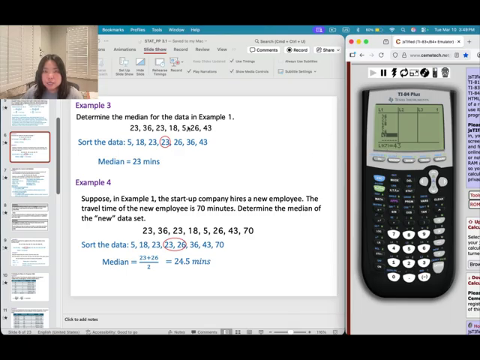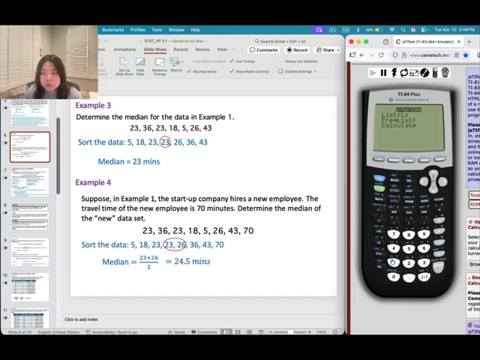Okay, so double check, 7. Now I'm going to click on the STAT again. Go to the CALC on the top. I'm going to choose number 1, 1-Var Stats. My data will be on L1.